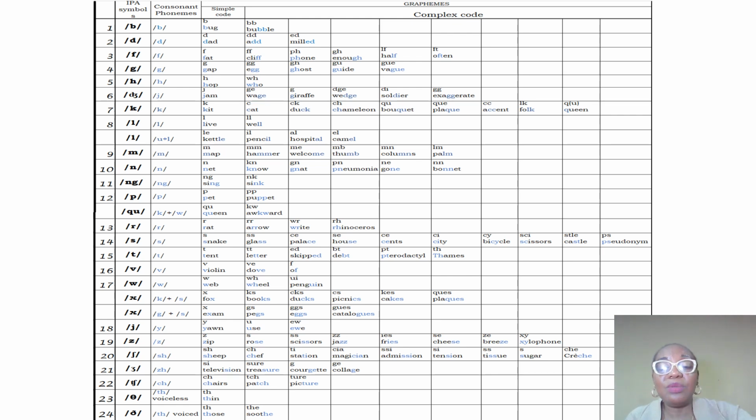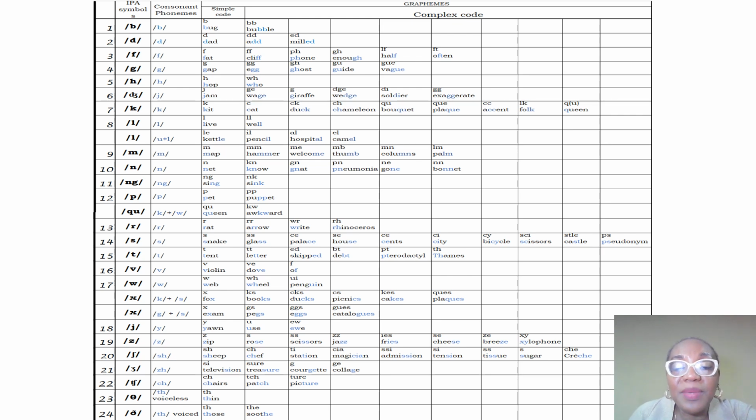Remember, use your simple code to remind you of what the complex code should sound like. And so for number 9, the letters MB are highlighted there. That means that that word is not pronounced with the B, but "thumb", because the sound of the simple code is M, so it is "thumb".